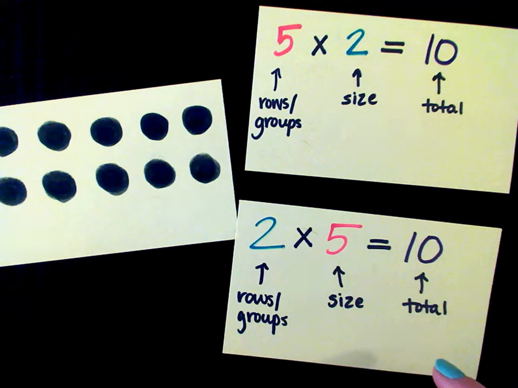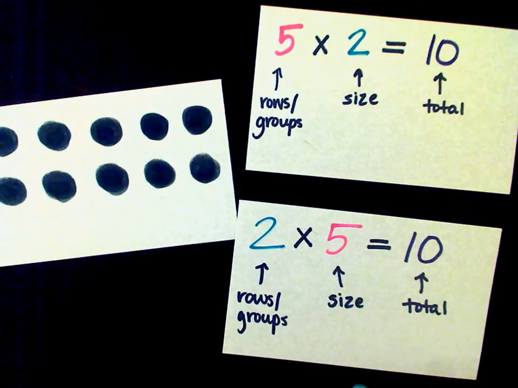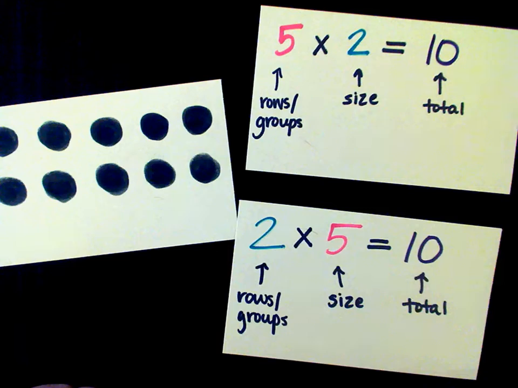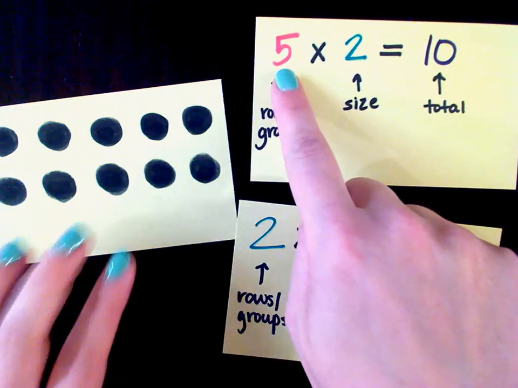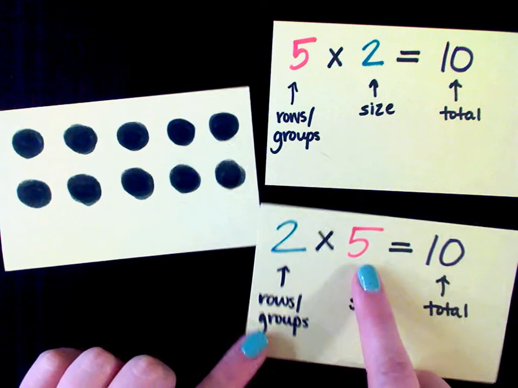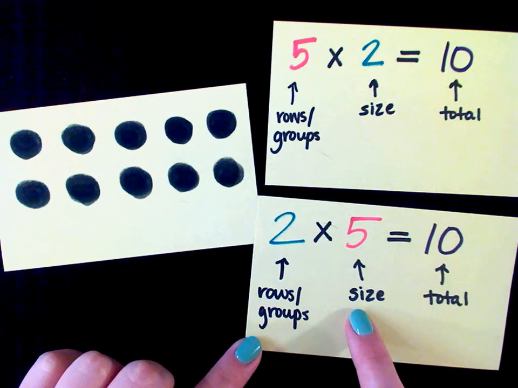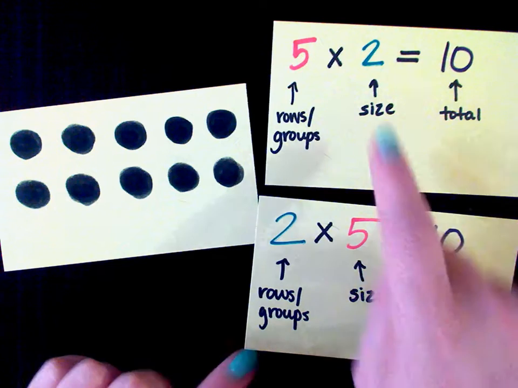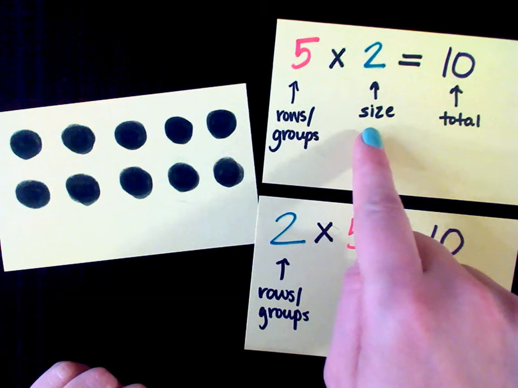So the 5 and the 2 traded places and traded meanings. 5 was the first factor that represented the number of rows, and it switched places to be the second factor, which then represented the size of each row. 2 was the second factor that represented the size of each row.